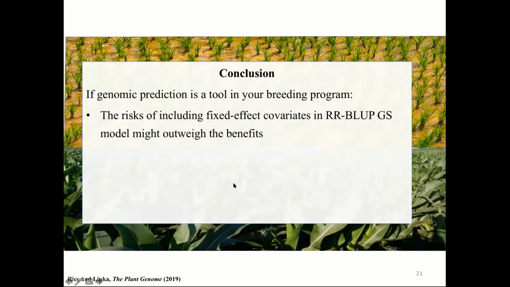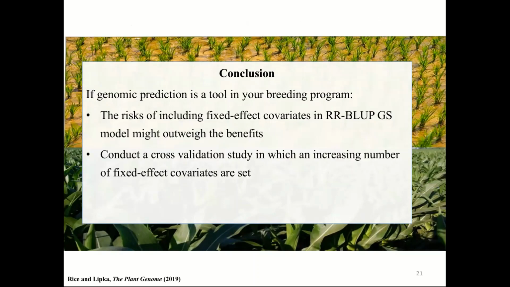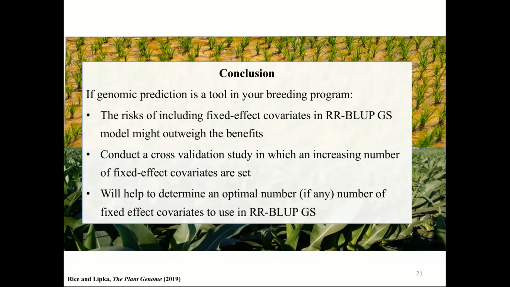Okay, so a conclusion from this study is that if you want to use genomic selection for your breeding program, the risks of including these fixed effect covariates may outweigh the benefits. So what we suggest is conducting a cross-validation study with data you have in hand, comparing a standard RR-BLUP model to a model that includes fixed effect covariates from a GWAS conducted in a training set, and look at how the prediction accuracies differ.